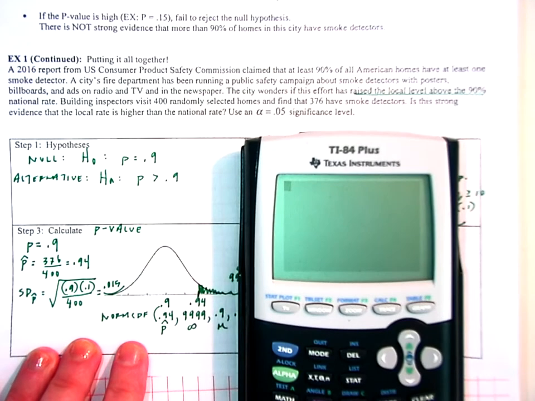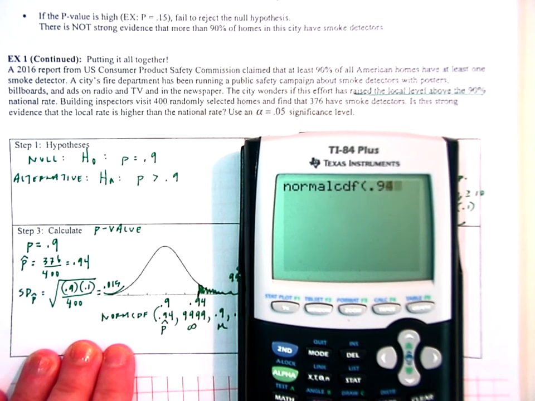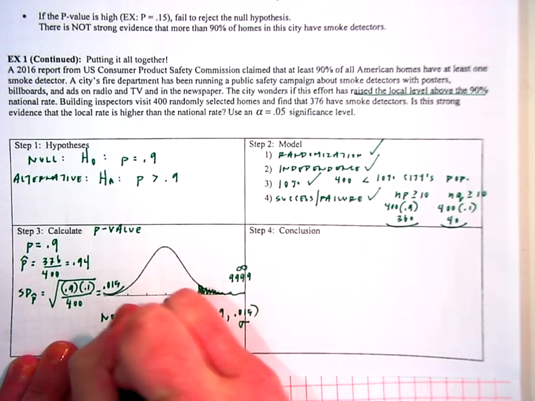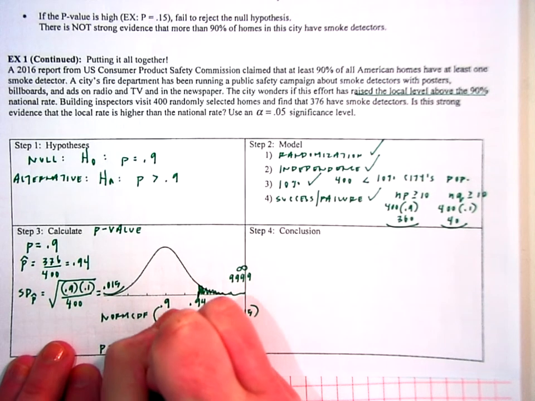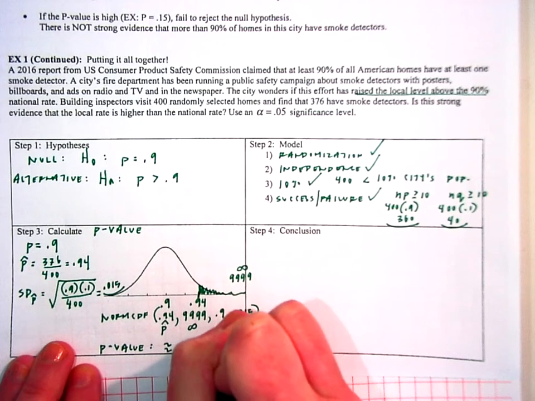Here I have 0.94, 9,999, 0.9 and 0.015, just like that. So I'm going to get 0.0038 as my probability. So my p-value, my probability value, is about 0.0038.